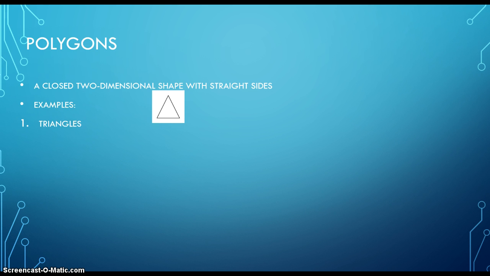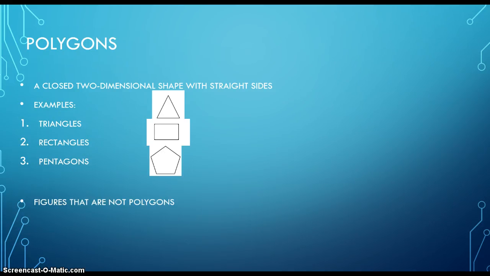Second is rectangles, or any four-sided figure, which we will work towards later in the week. Third is pentagons, which are five-sided figures, and we can possibly conjecture larger-sided figures based on the properties we see from these three.